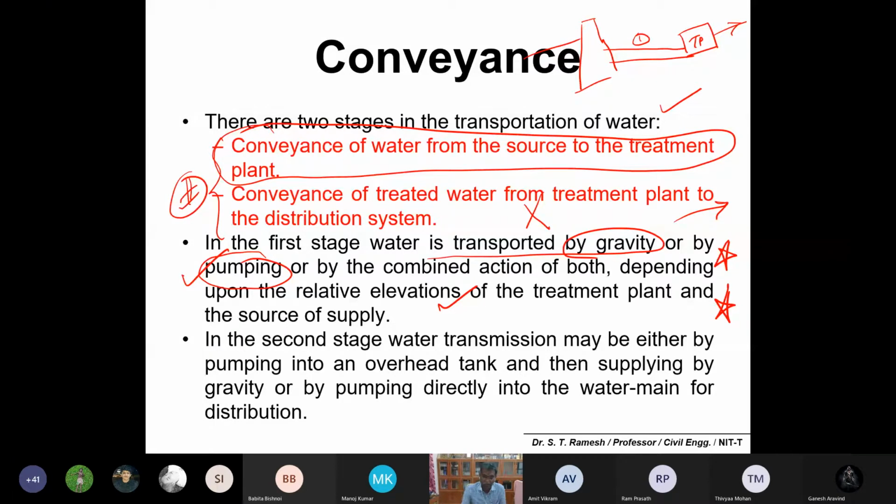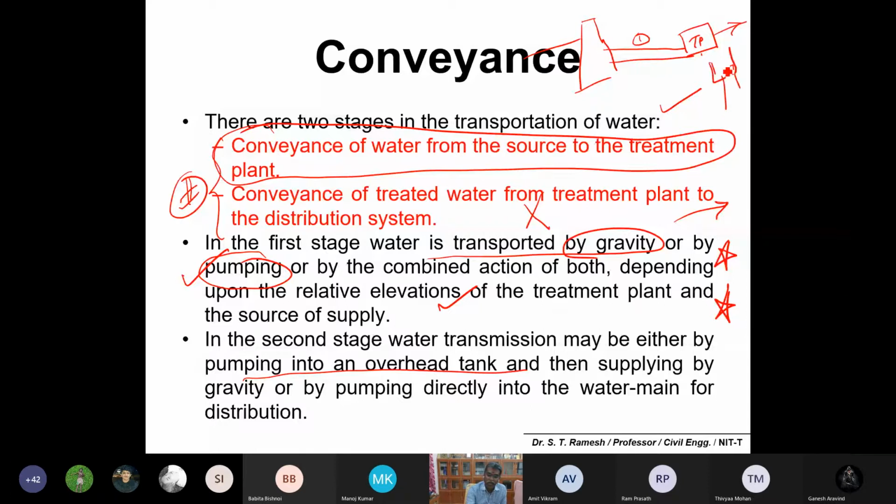And the second stage, from a treatment plant to the distribution or consumers, may be either by pumping into an overhead tank and then supplied to the consumers by gravity or pumping. Please make a note. In the second stage after treatment, what do you do? You just store it in an elevated water tank.